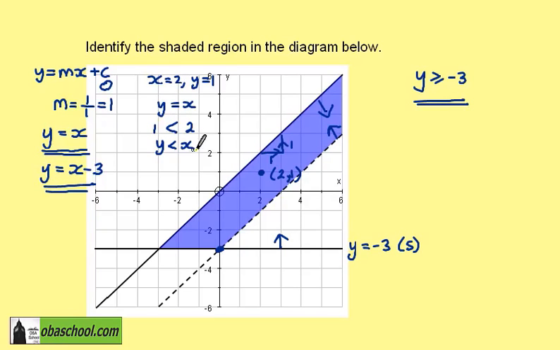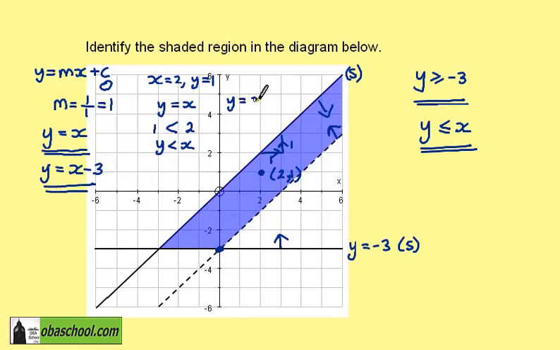So y is less than x. It's a solid line, so we'll have that y is less than or equal to x.